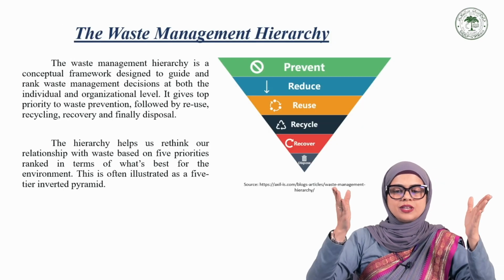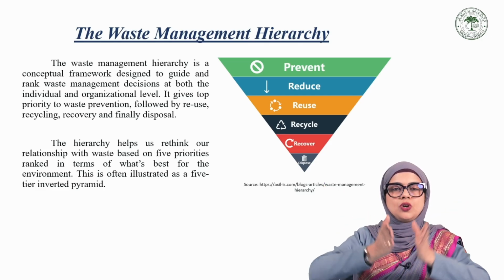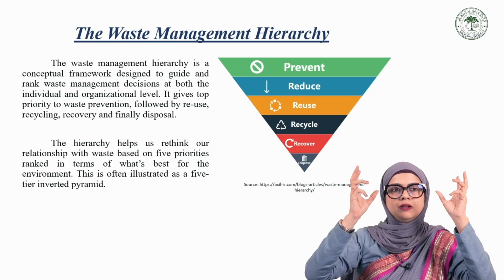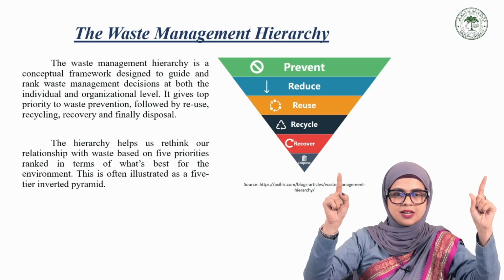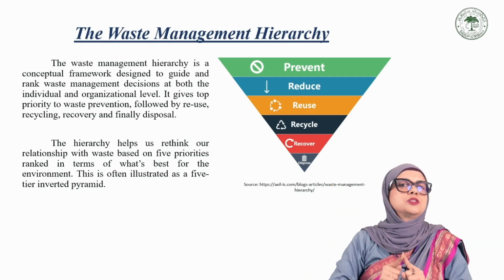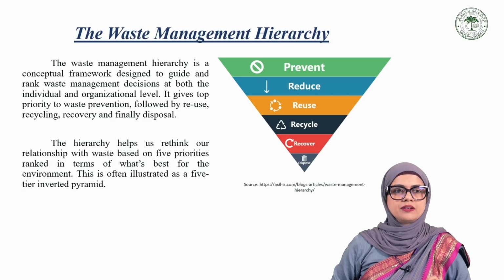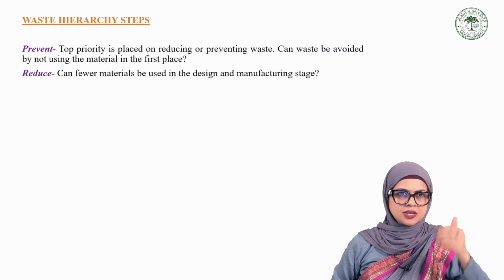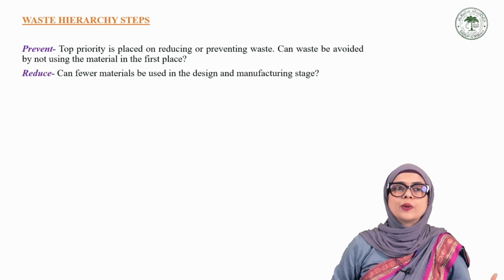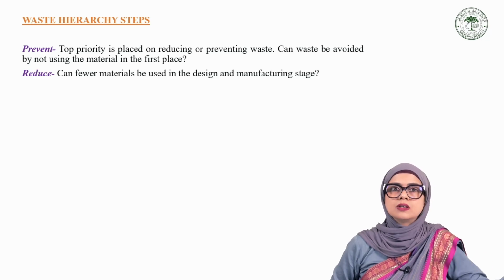If you look at the waste management hierarchy, it is in the form of an inverted pyramid. The most important part, the more highlighted green part, is prevent, and the least is dispose, the apex, the last tier. If you look at the waste hierarchy stepwise, we'll be asking different questions. For example, in preventing, we ask, can waste be prevented by not using the material in the first place?